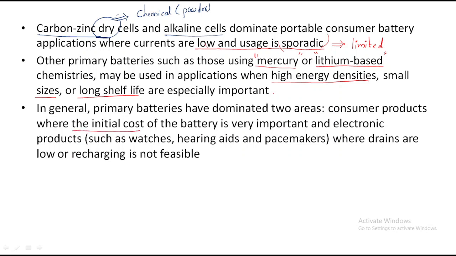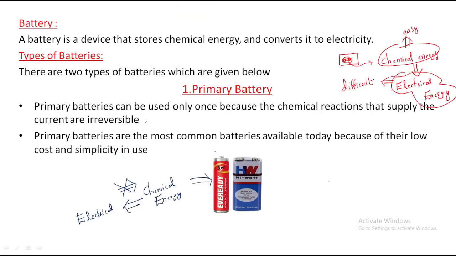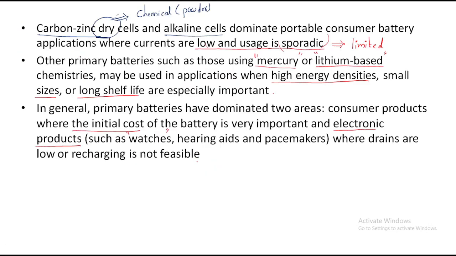These primary batteries are applicable there. And in electronic products, in wall clocks and wrist watches, we use small batteries. This type of battery is used there, right?